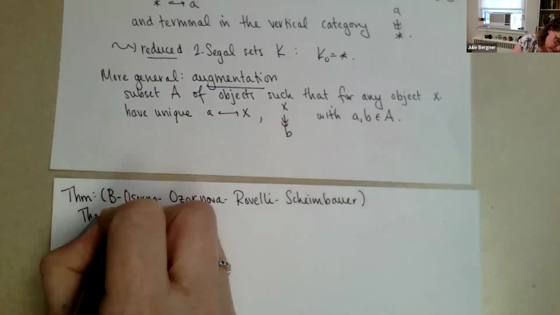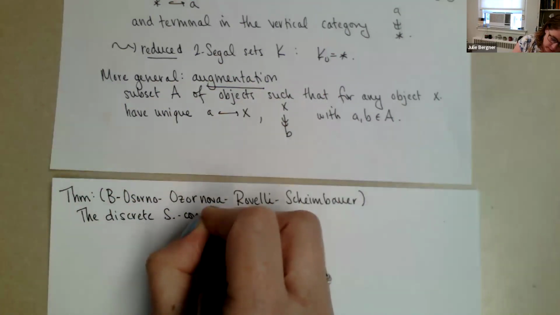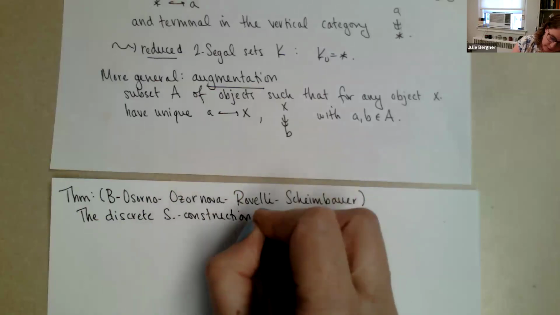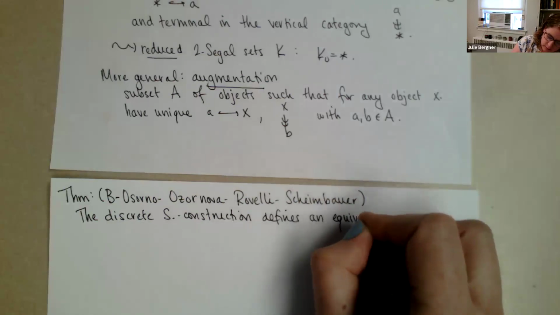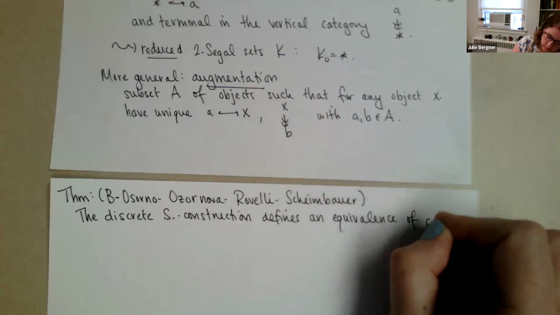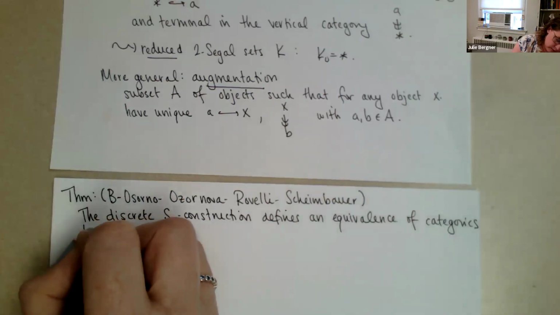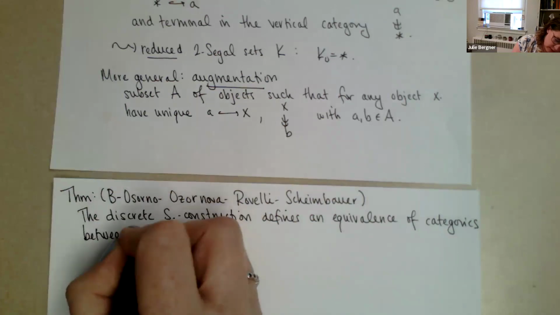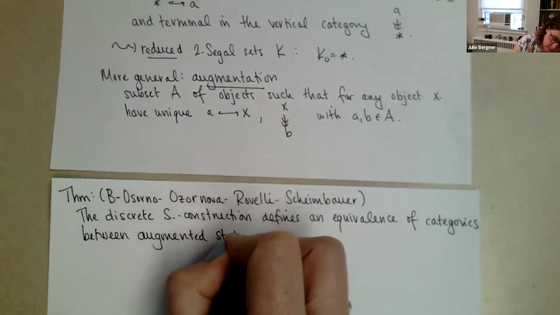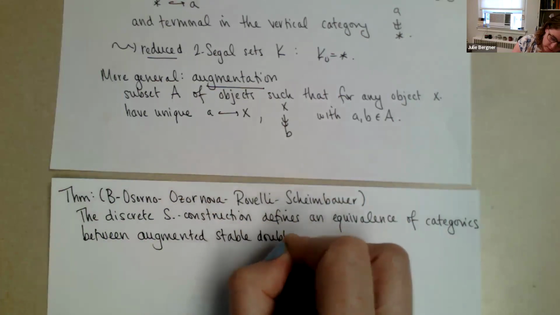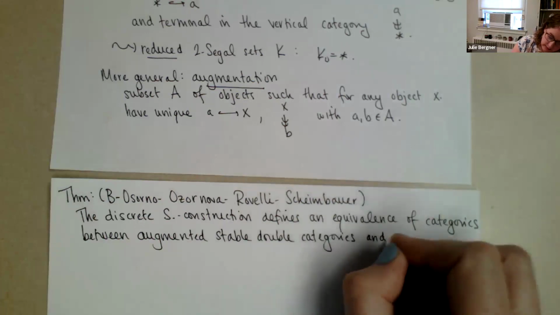The discrete S dot construction defines an equivalence of categories between augmented stable double categories and 2-Segal sets.